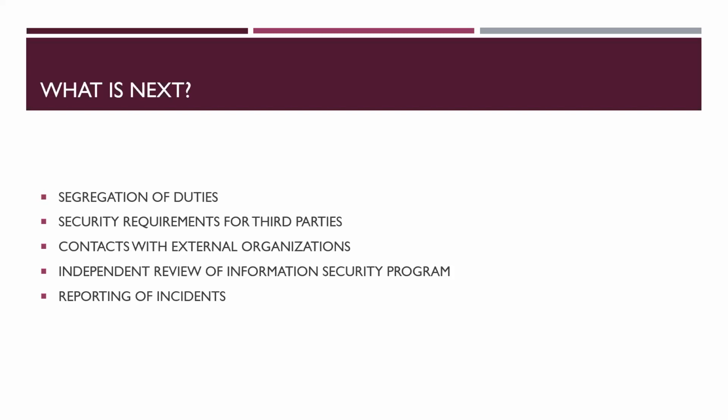The third is contact with external organizations. The company needs to develop and maintain relationships with external organizations to stay abreast of current and emerging security issues, and should maintain appropriate contacts with external organizations to ensure that appropriate actions can be quickly taken and advice obtained in the event of a security incident.